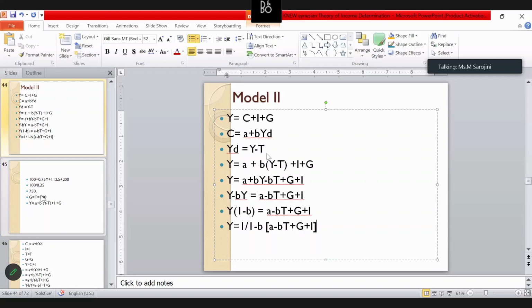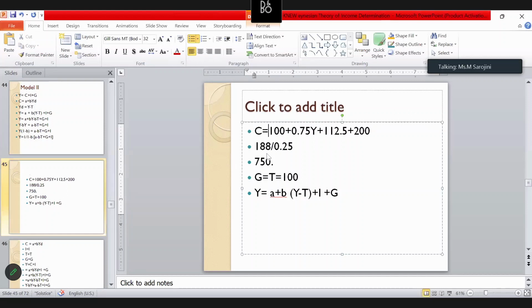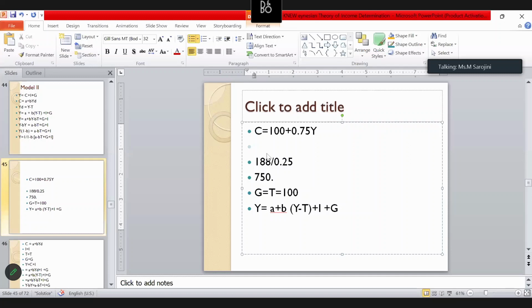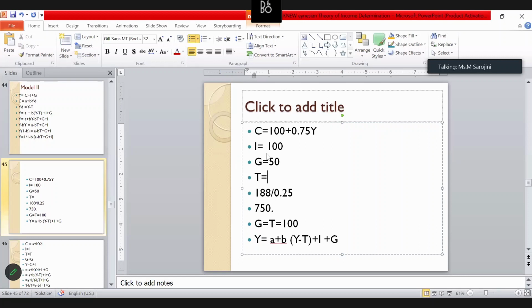Right, now we will move to the numerical example. Here C is given, say 100 plus 0.75Y, I is equal to 100, G is equal to 50, and T is equal to 20.